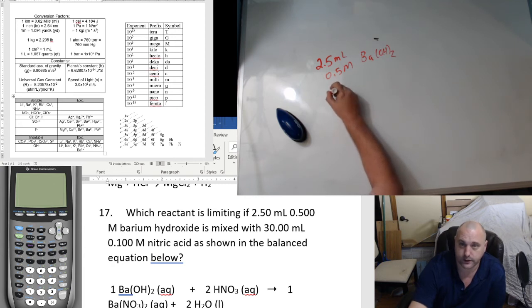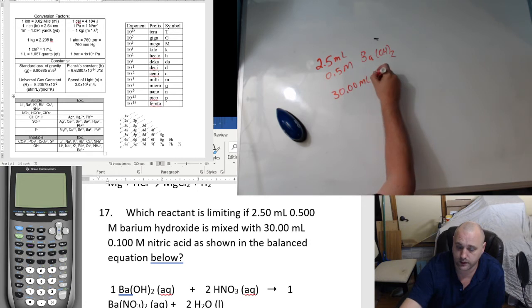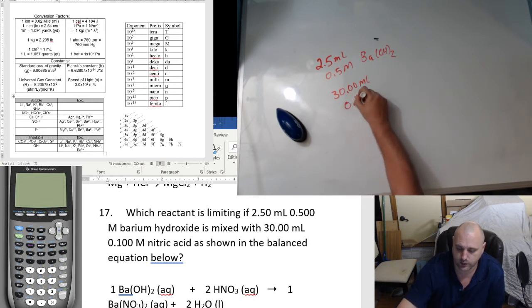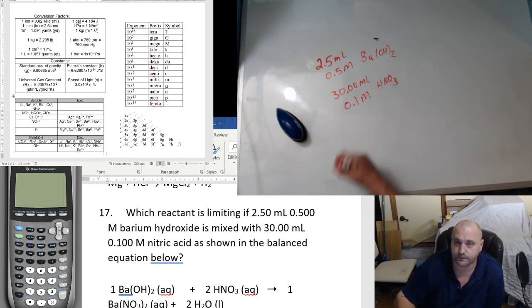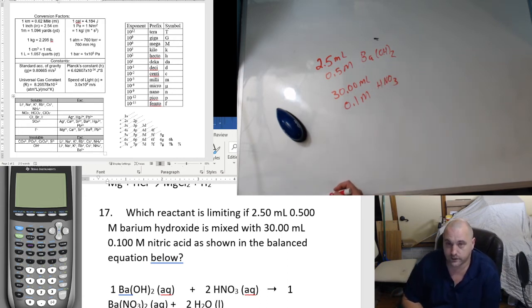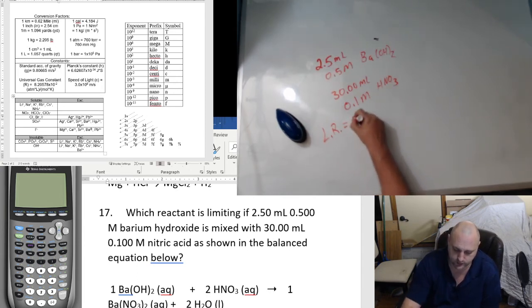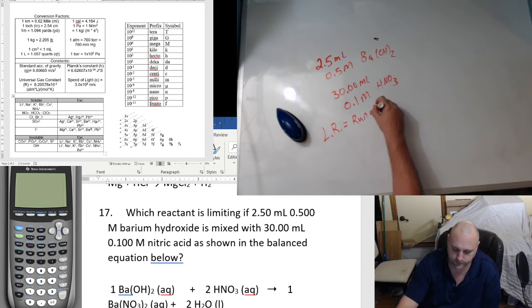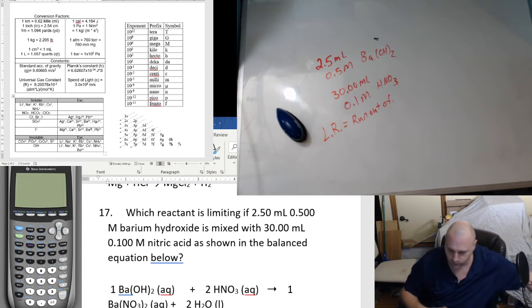And I've got 30.00 milliliters of 0.1 molar HNO3. And it wants to know which one is the limiting reagent. So limiting reagent, that's the one we run out of, like when we try to make our yummy, yummy cheeseburgers and we run out of something.